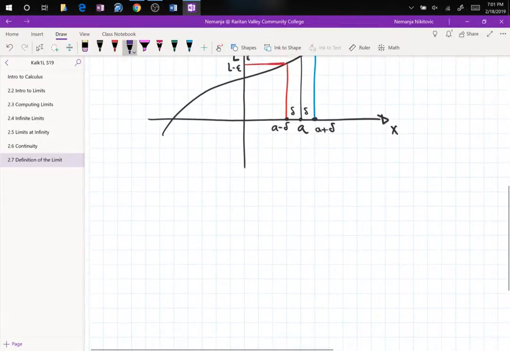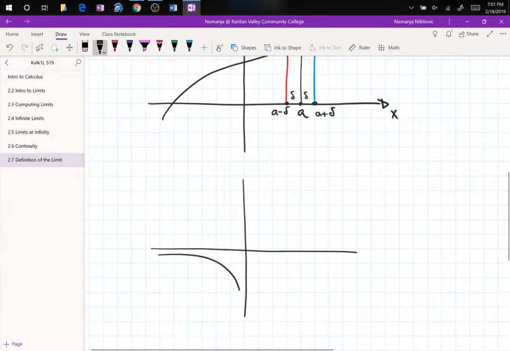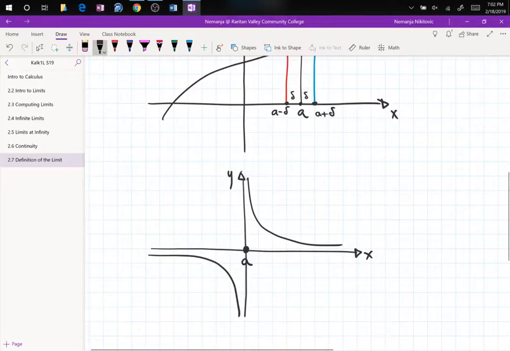So we have those. The second picture that you are responsible for is going to be this 1 over x graph. We are going to use our a at 0 in this case, and you know that this picture will be no limit, right?